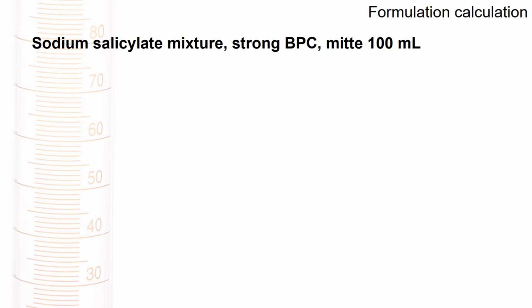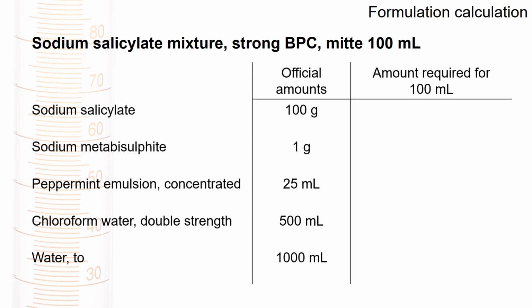For example, you are given a formula for sodium salicylate mixture, strong, from the BPC. You're going to make 100 ml of it. By looking at the BPC, you find the formula is for 1000 ml of the mixture. I believe that you won't have a problem finding the amount or volume of the ingredients needed to prepare 100 ml.